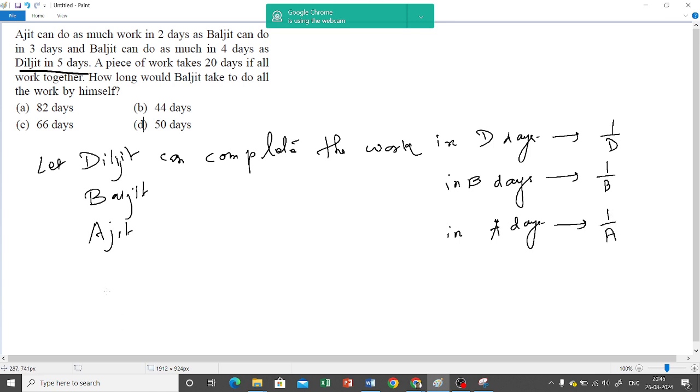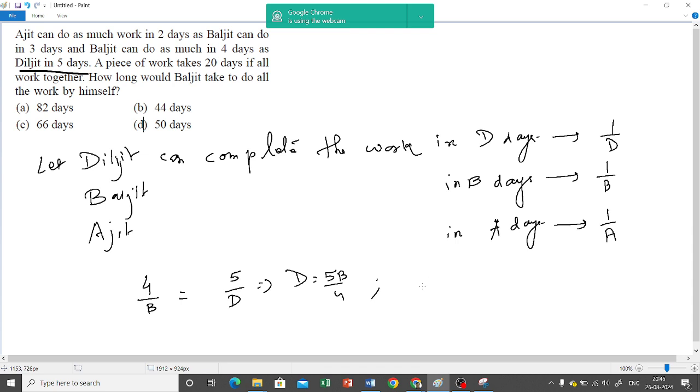Now as per the information given, Baljit can do as much work in 4 days. So that means in 4 days how much work can Baljit do? 4 by B is equal to, so Baljit can do as much in 4 days as Diljit in 5 days. So D is equal to 5B by 4.